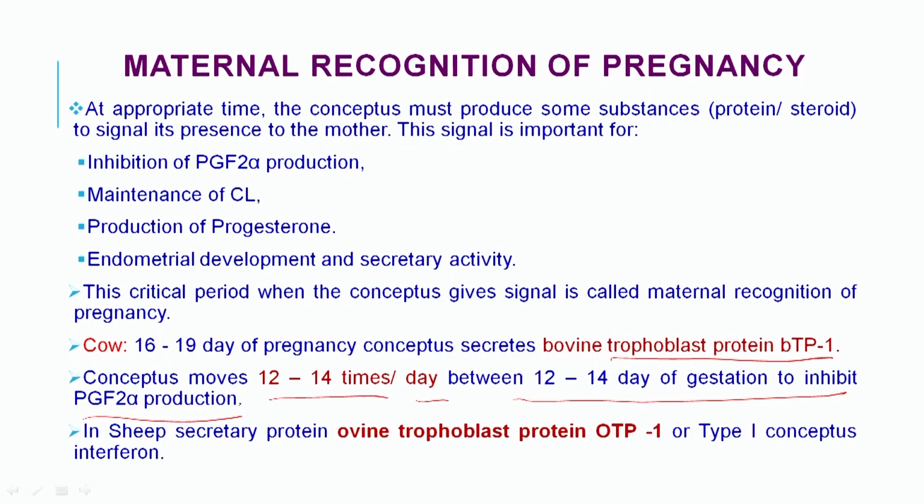In sheep, the secretory protein, that is, ovine trophoblast protein or type 1 conceptus interferons, is responsible for sending the signals for the recognition of pregnancy.